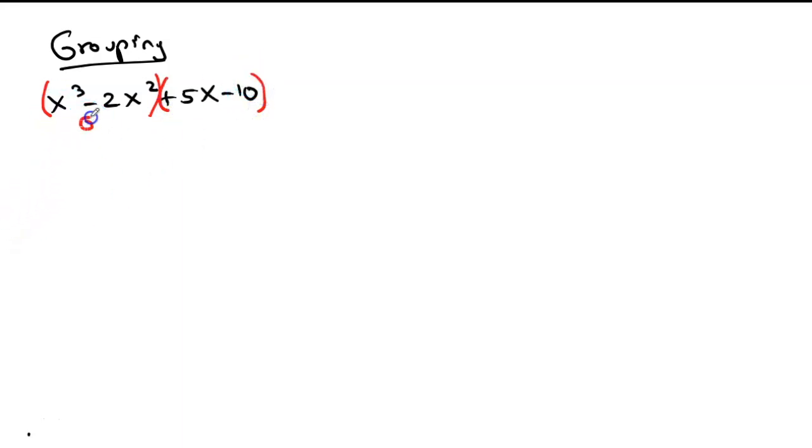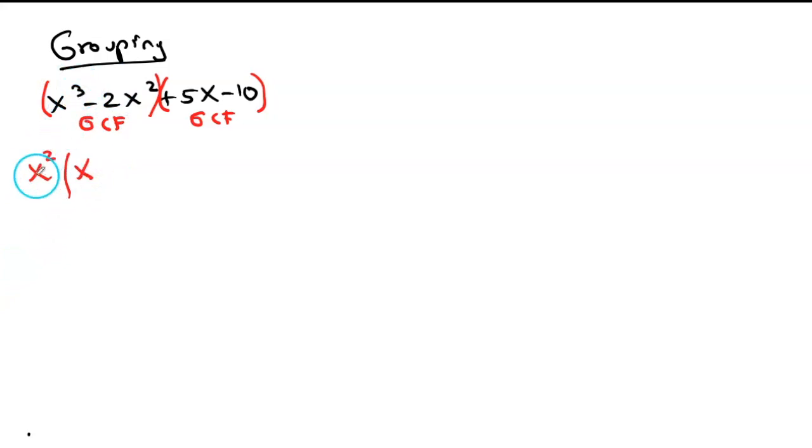And what I do now is I do greatest common factor on each parenthesis. That's why we learned greatest common factor in the beginning. In my first parenthesis, common factor, the x is common. I take the x with the lowest exponent, which is the 2. And that's my common factor. What goes inside? X cubed divided by x squared is x.